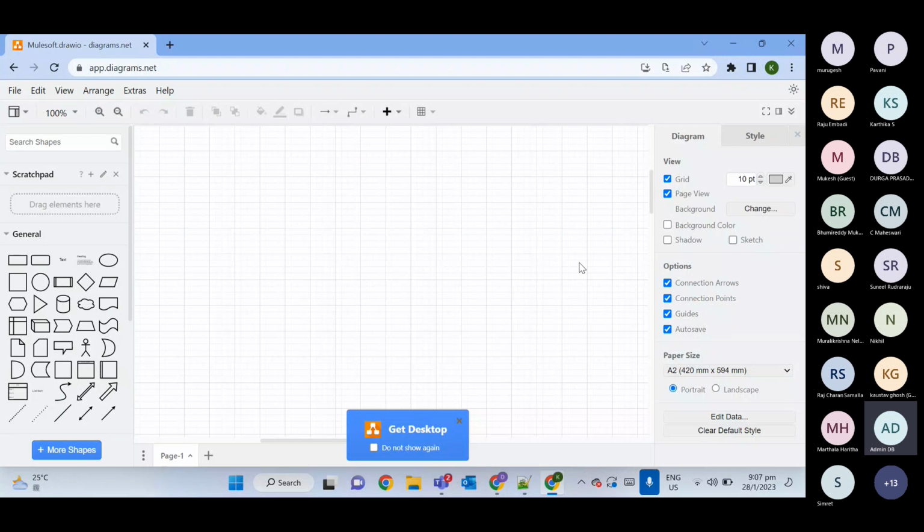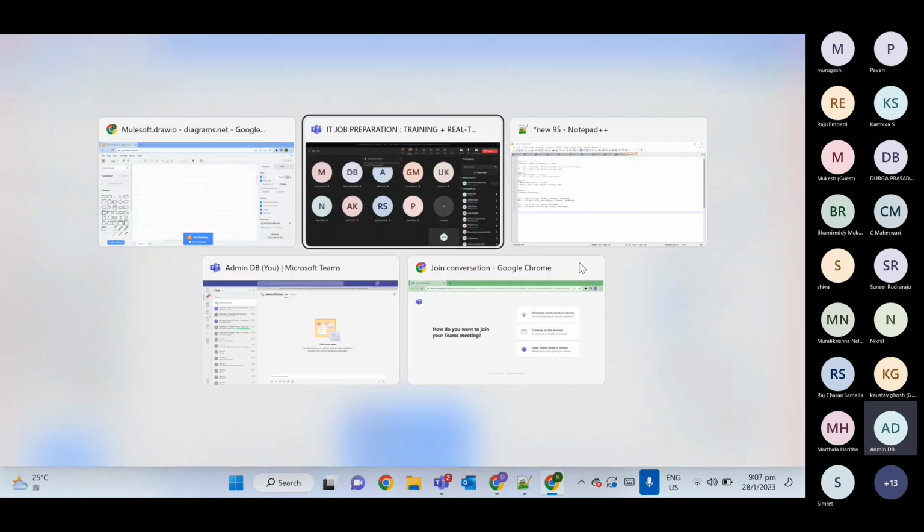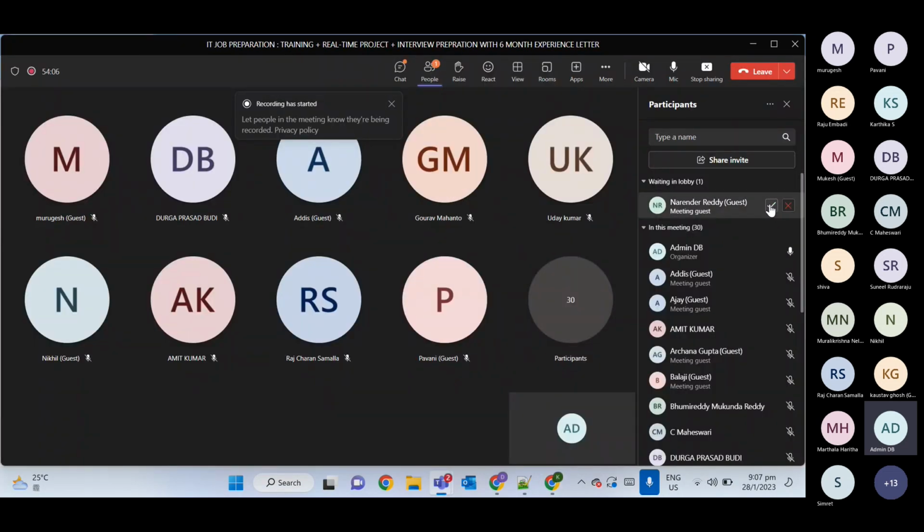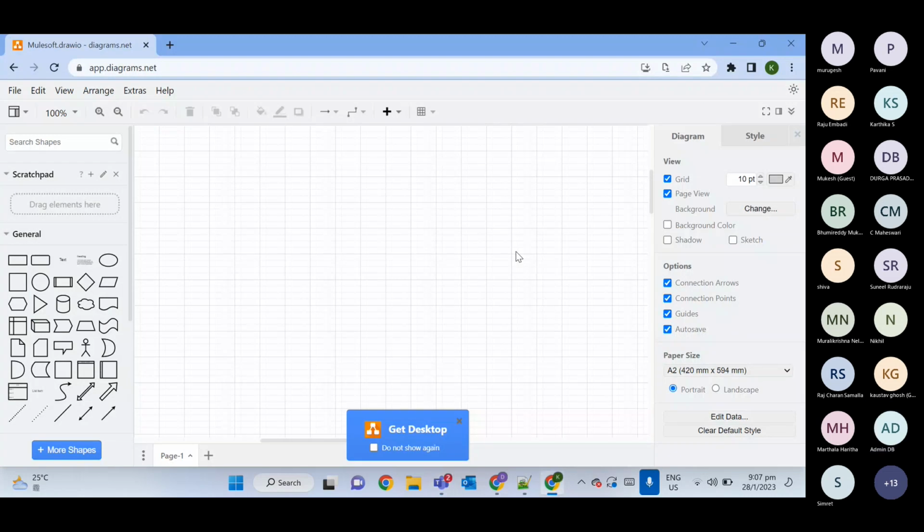Whenever we work for any industry, if you go to any big company, no matter which domain, they will have different heterogeneous systems.